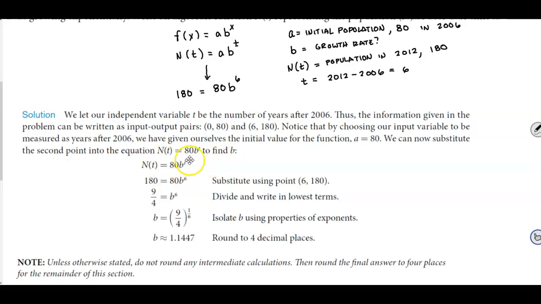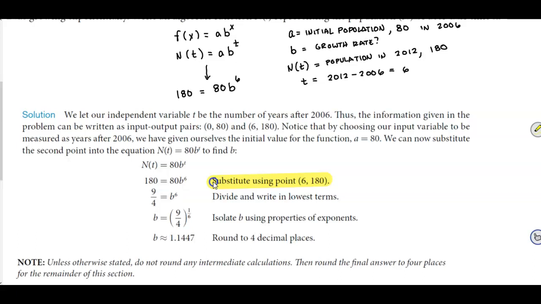So we're using that formula, and what we got here now is 180 equals 80 b to the 6th. We're substituting the point (6, 180) into the function, so the time is 6 and the population is 180.